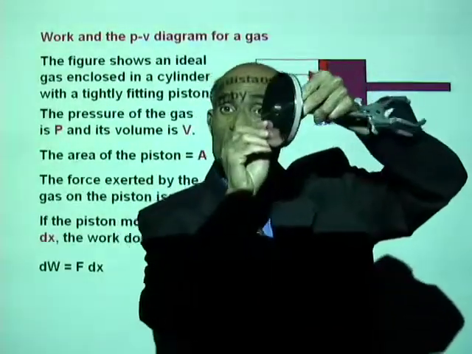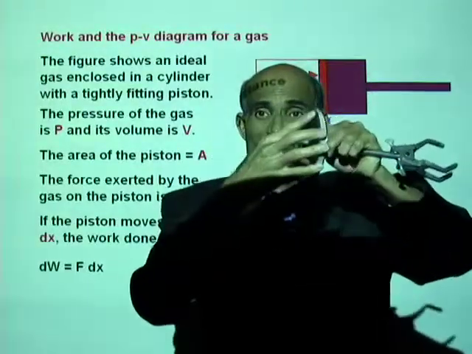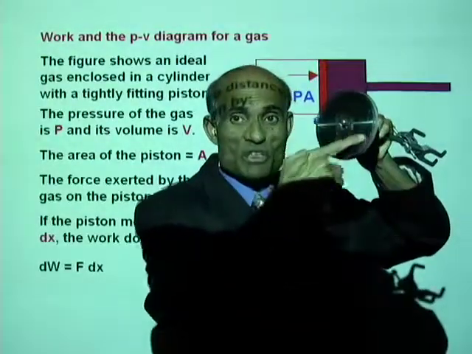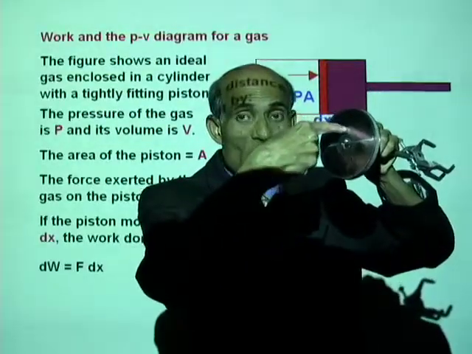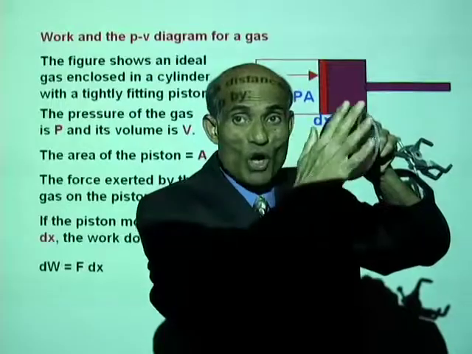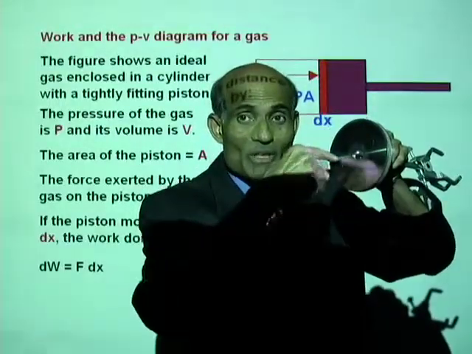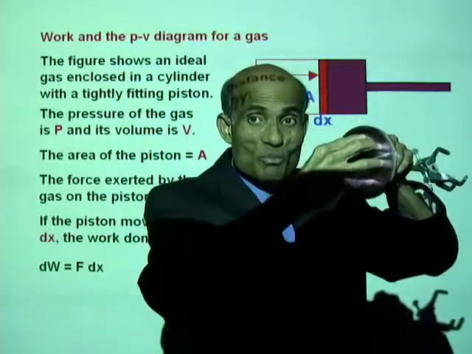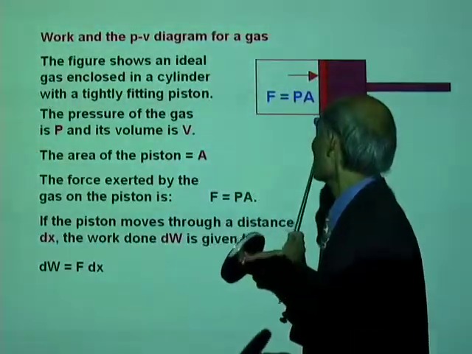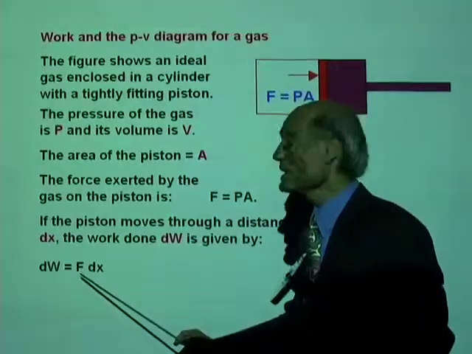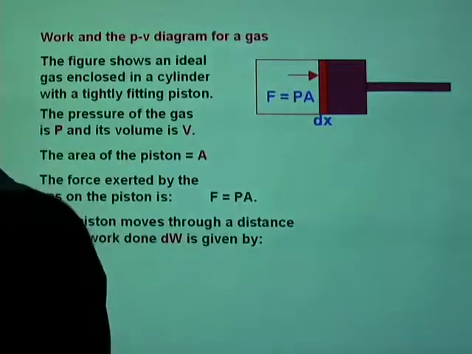Now consider this as the piston. Doesn't it look like a piston? This is the area A, and the pressure on it is P. So the total force on this area is pressure multiplied by the area. If that force produces a small displacement dx, then the work done will be that force multiplied by dx.